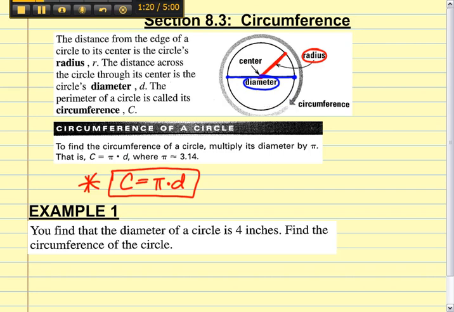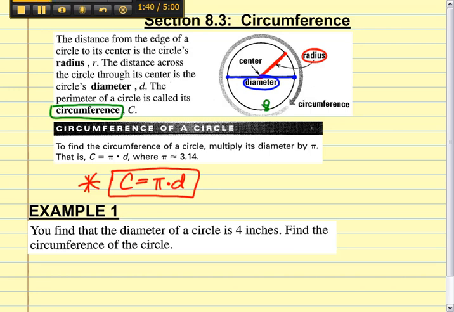Now, the perimeter of a circle, that means the distance around the circle, is called the circumference. Okay? So if I was standing on the circle, right here, and there I am, let's see.